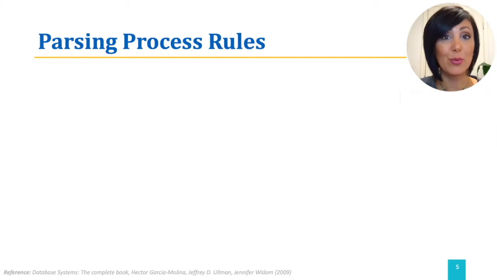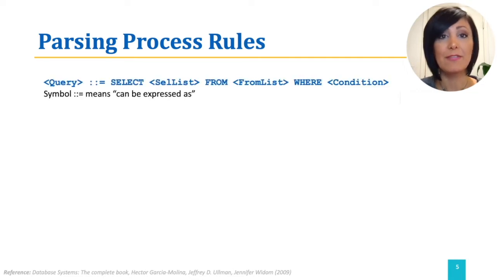We should define the rules to parse our query into those elements. The syntactic category query defines queries of SQL. As an example, let's define for it one rule that defines the select from where syntax. In this representation, we read the colon equal sign as "can be expressed as."